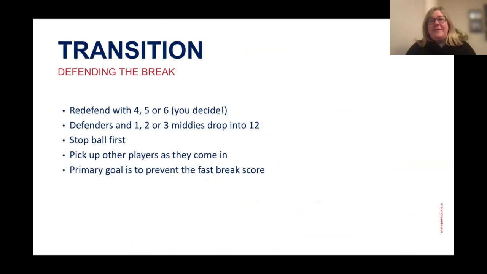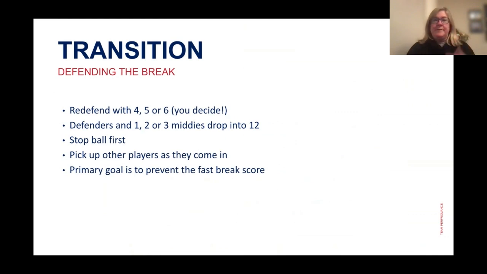And you have a lot of different options, and it really depends on what the personnel of your team looks like. So if you've got a very fast team, you might think about, in a transition situation, being able to play player to player, man to man, and marking up right away.